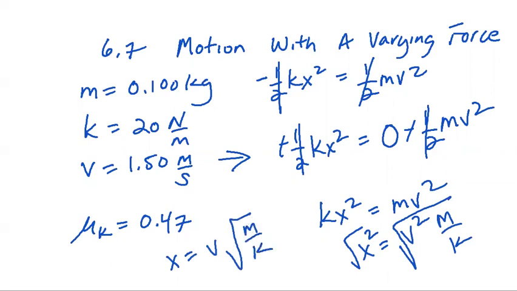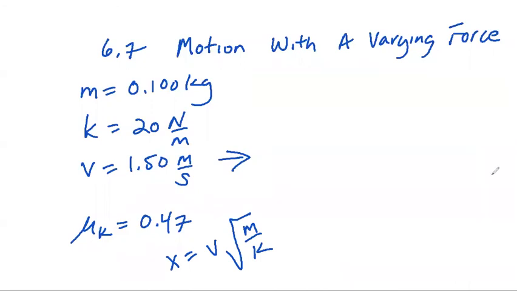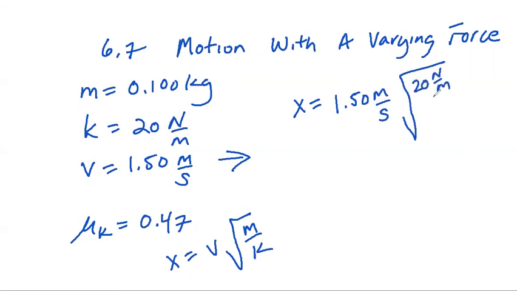Now let me pause, clean up the board, and fill in the blanks. All right, I'm going to resume my calculations. I've got x equals 1.50 meters per second times the square root of the mass, 0.100 kg, divided by k, 20 newtons per meter. Oh no, I had this wrong.